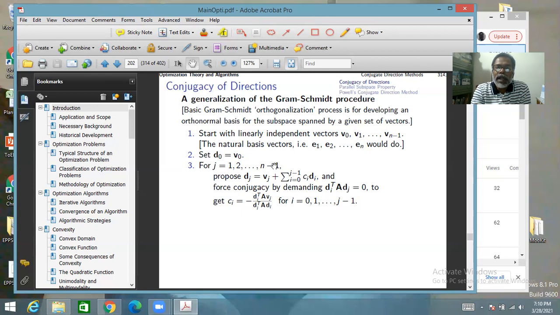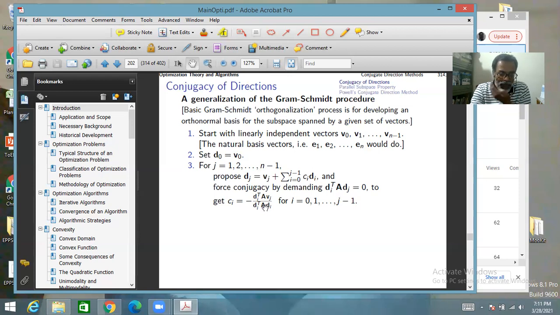Okay. And here you will get di transpose A vj plus, from this sum, all of them will go out because of the conjugacy of the old directions among themselves, except ci di transpose A di, and that will remain only one. And from that you will get ci by saying minus this divided by whatever comes from here. So minus di transpose A vj divided by di transpose A di.